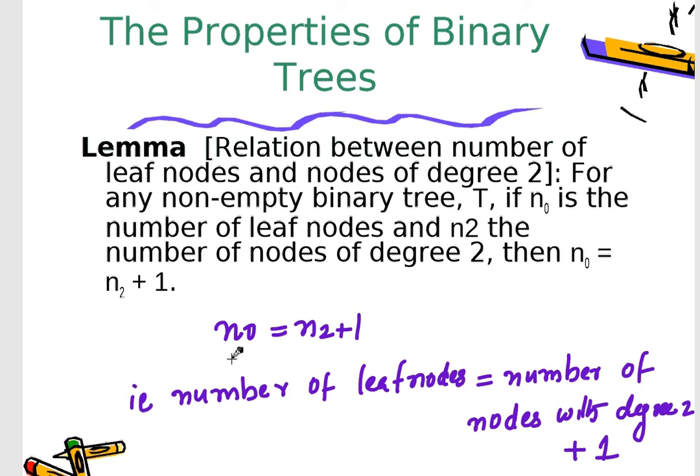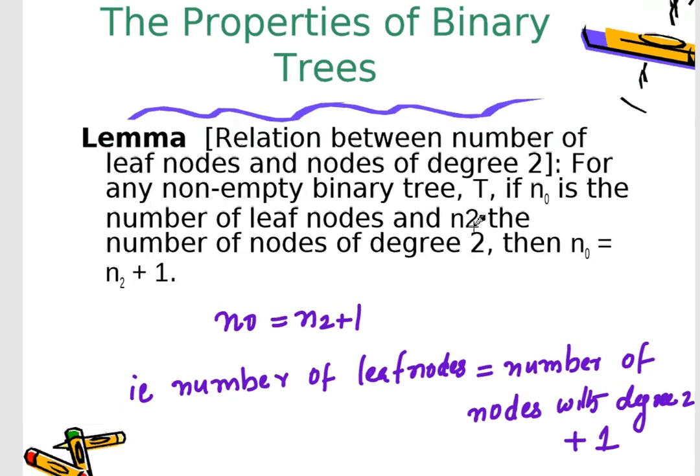So the theorem is, for any non-empty binary tree, if n0 is the number of leaf nodes and n2 is the number of nodes with degree 2, then I can say n0 is equal to n2 plus 1.